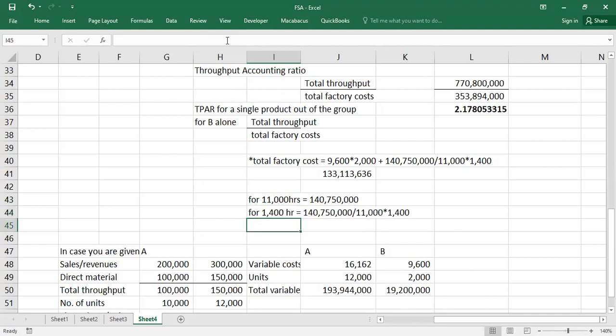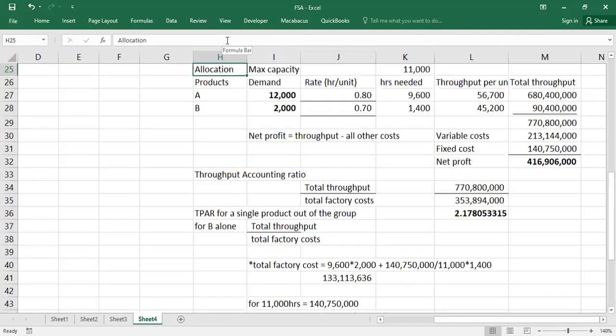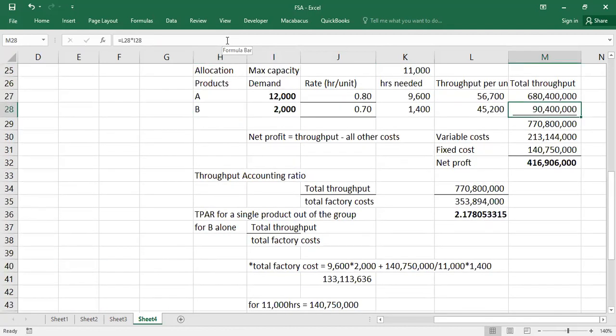So that's how I end up having this. And here, when you have this value, of course, you're as good as done, because total throughput for B was given in our first formula here. We got 90,400,000.